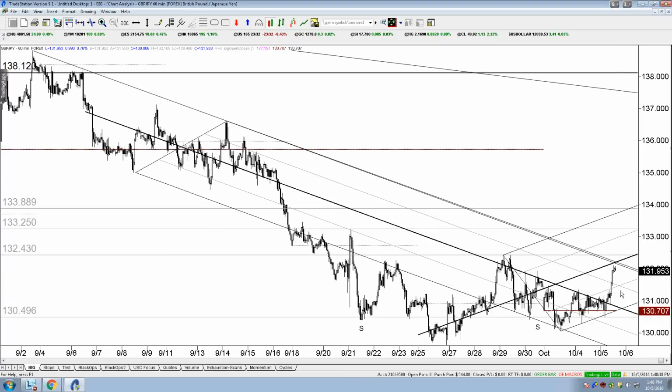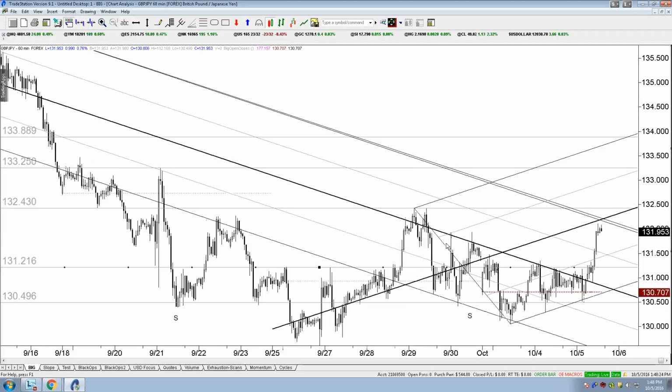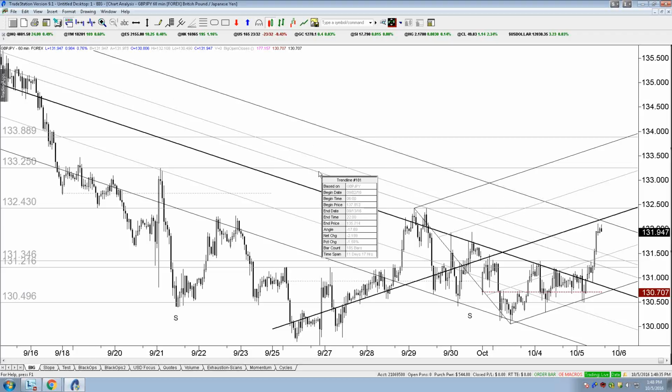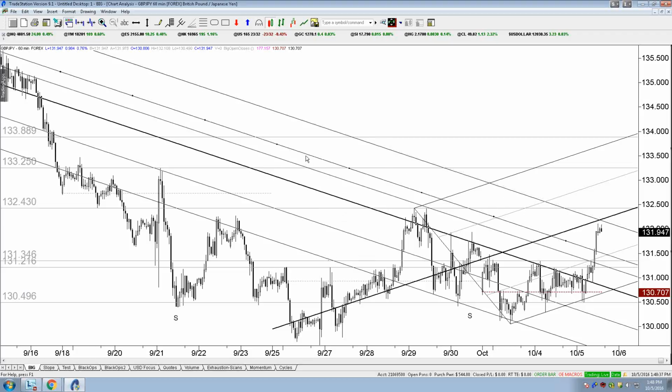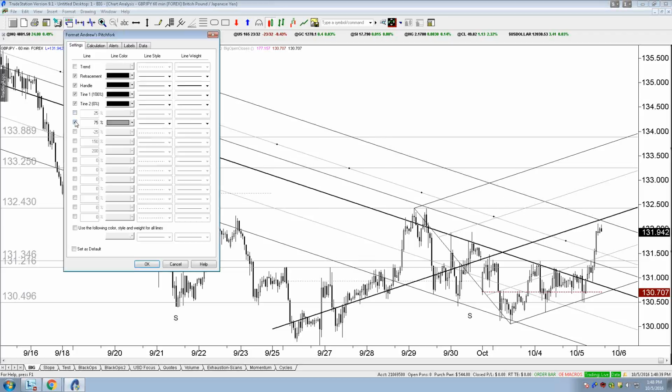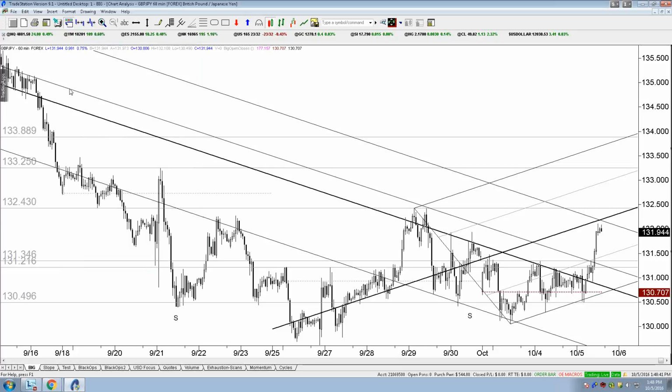I would be watching for support. First of all, I would expect to see a pullback right here, okay? 132.15, right?